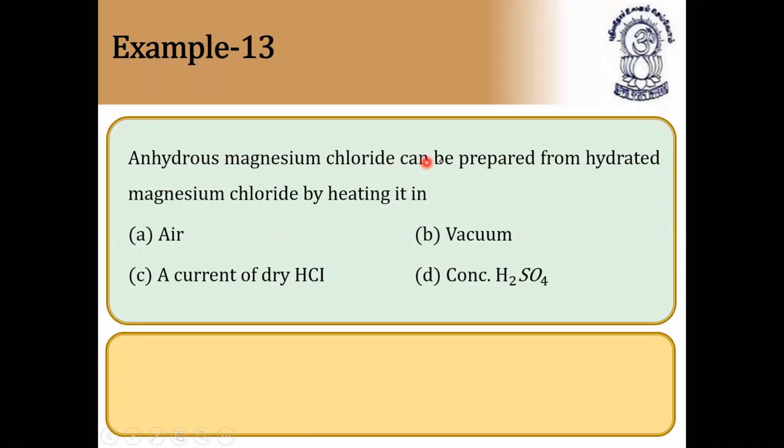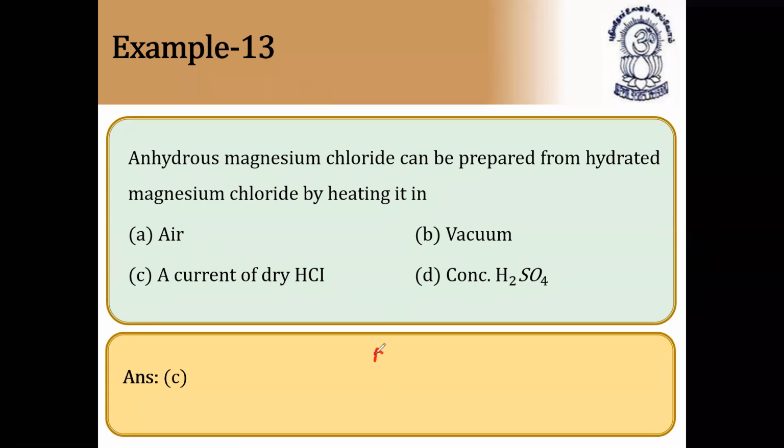Anhydrous magnesium chloride can be prepared from hydrated magnesium chloride by heating it in a current of dry HCl. This is only an application question. Magnesium chloride is obtained from hydrated magnesium chloride, that is MgCl2.6H2O.